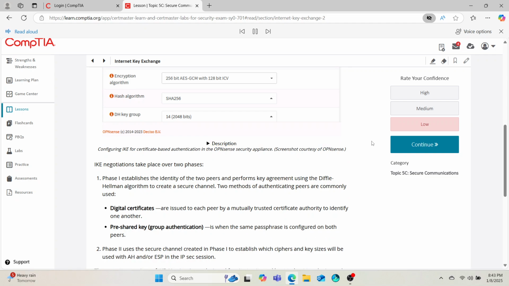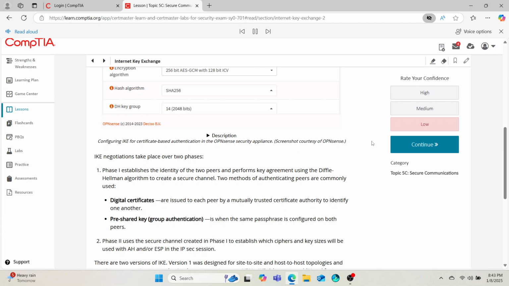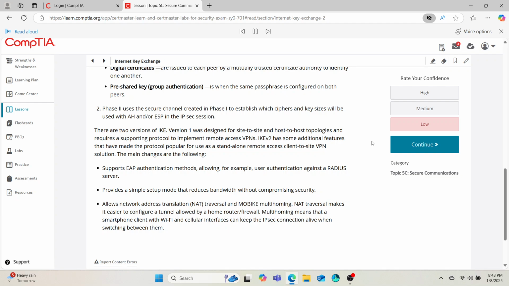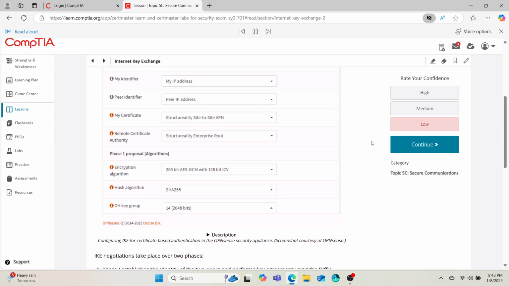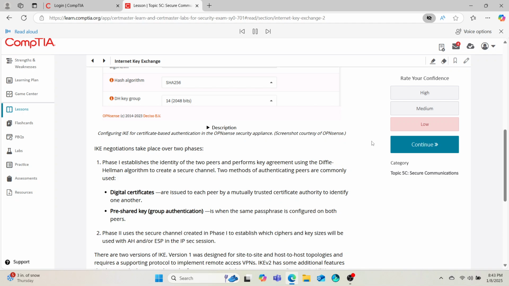The fields under the head Phase 1 Proposal, Authentication, are as follows: Authentication Method, Mutual RSA. My Identifier, My IP Address. Peer Identifier, Peer IP Address. My Certificate, Structurality Site-to-Site VPN. Remote Certificate Authority, Structurality Enterprise Root.